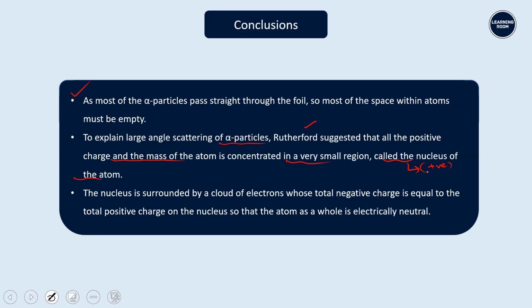Okay. And the nucleus is surrounded by a cloud of electrons in such a way that the total negative charge produced due to the electrons is equal to the total positive charge on the nucleus, so that the atom as a whole can be concluded as electrically neutral.